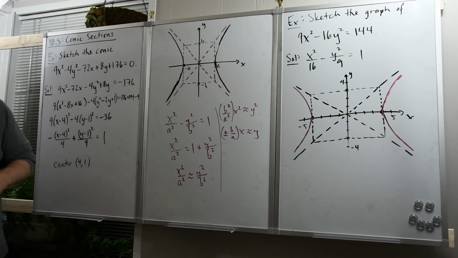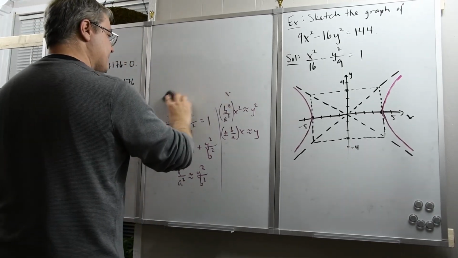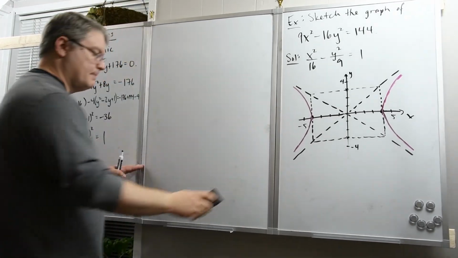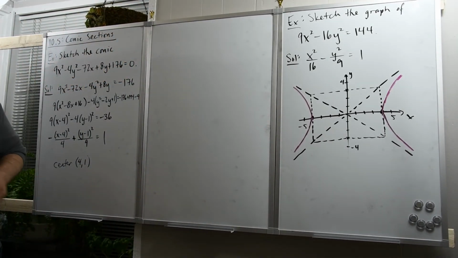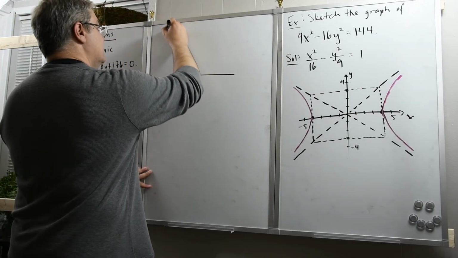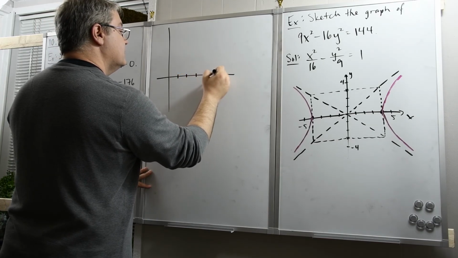So let's see how this all unfolds. Once again, center is going to be at 4, 1. So we'll draw. It's 1, 2, 3, 4, 5.